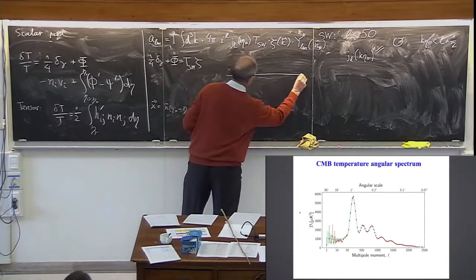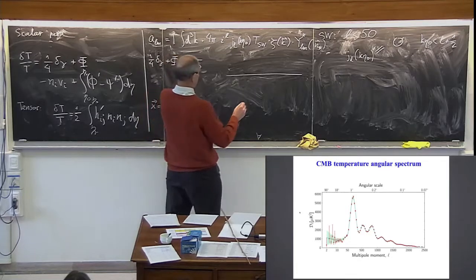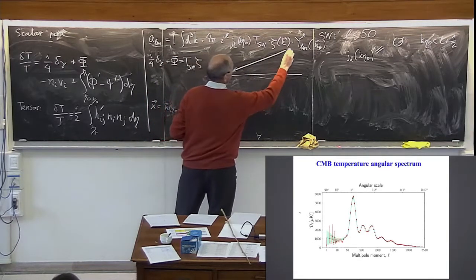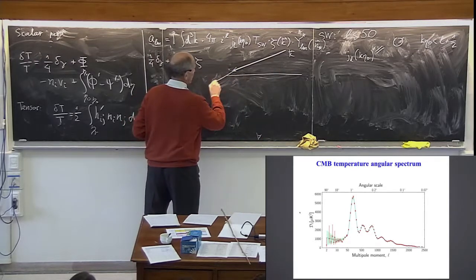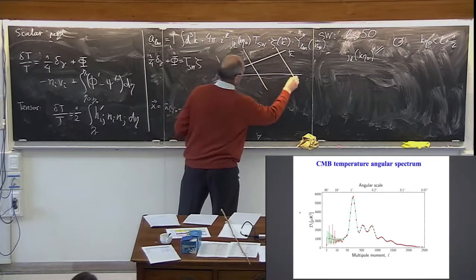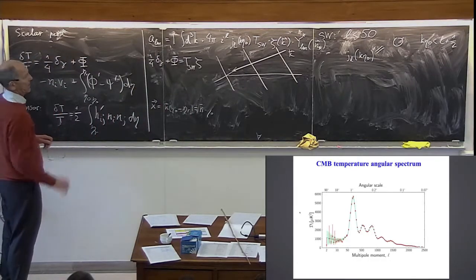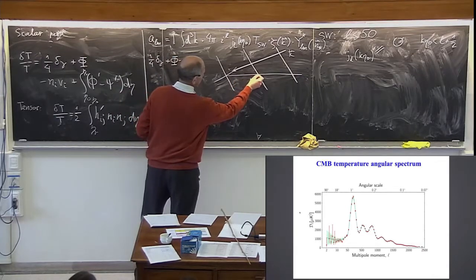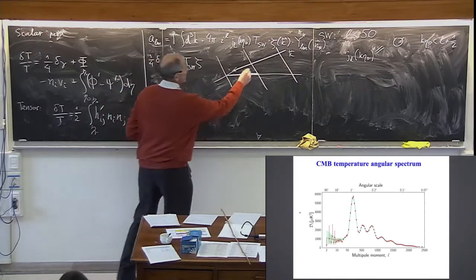See, here is my surface of light scattering. I'm watching from there. Here is the wave at a given momentum k, right? So these are surfaces of constant phase, right? So you see the size here is bigger than this one.